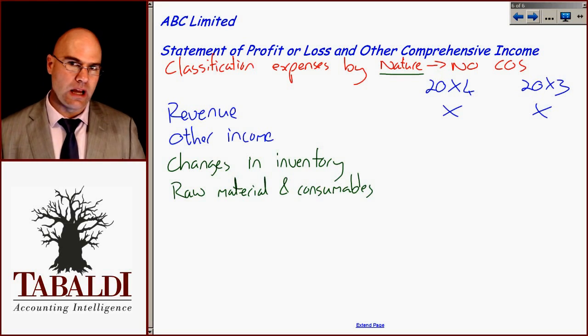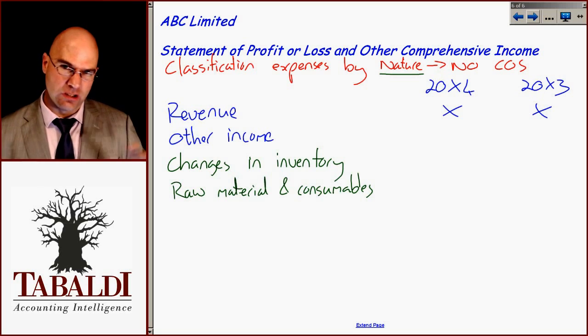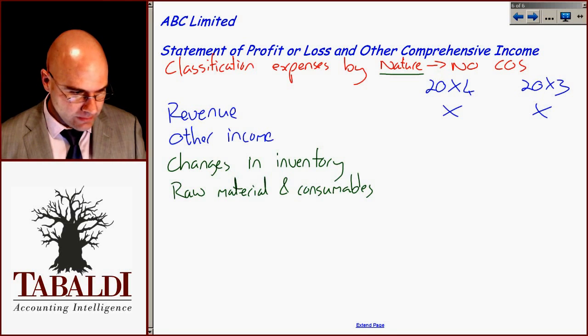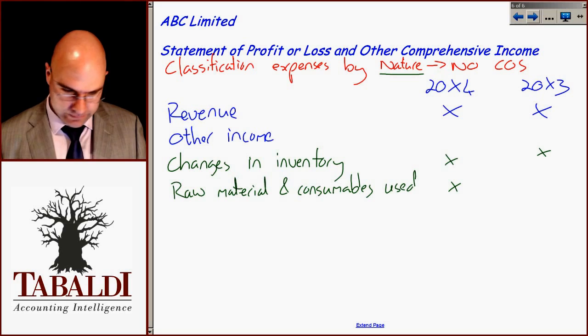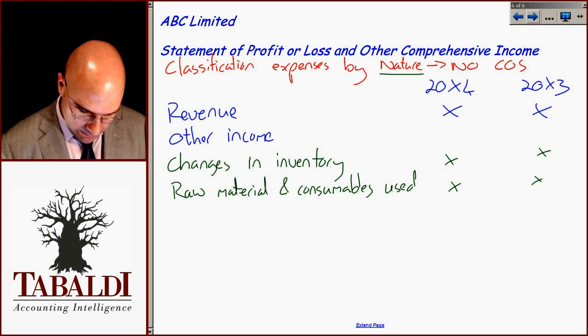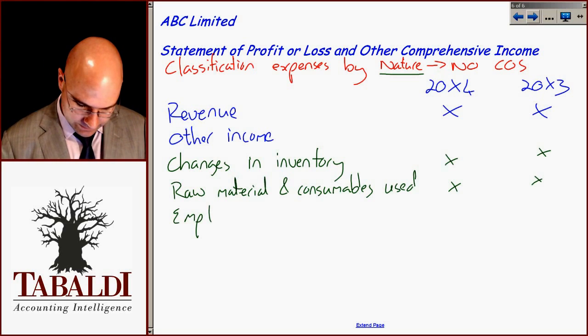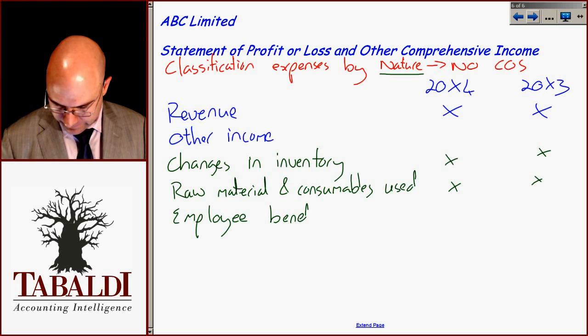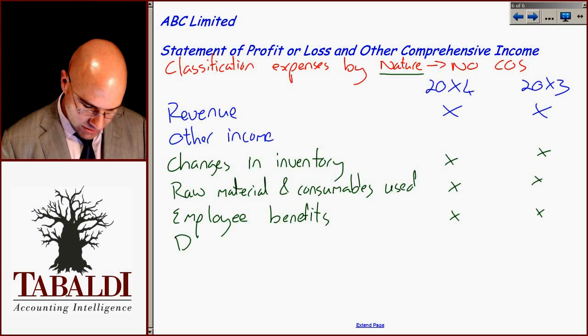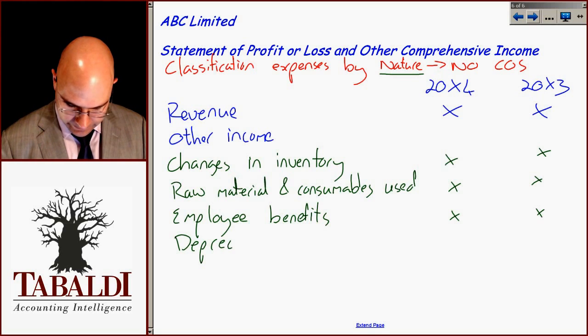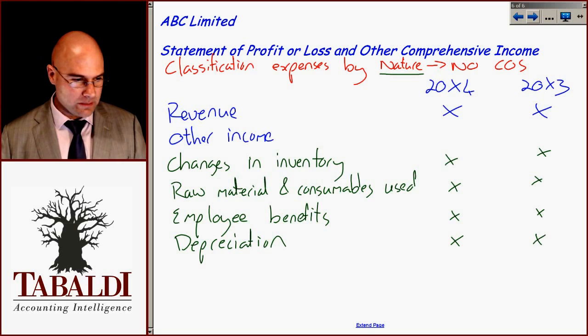Okay, glue, nails, screws, etc. Not part of major raw materials for my tables. Used. Okay, I might have employee benefits, salaries. I might have depreciation on assets. And this list can go on for quite a bit.